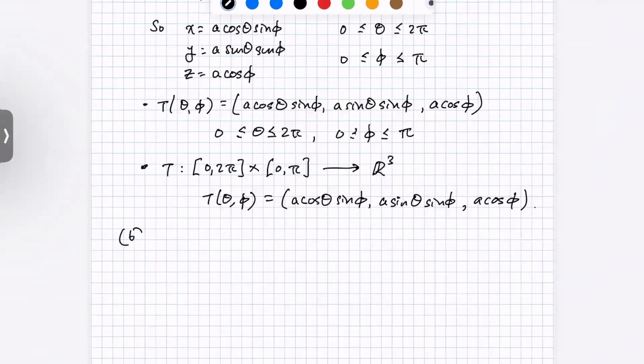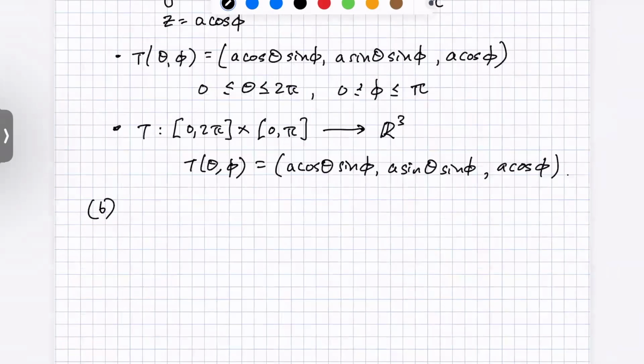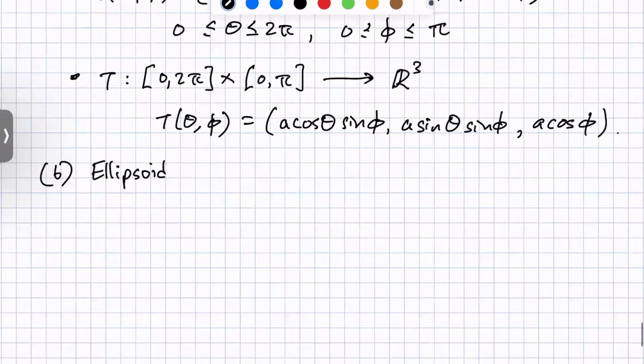Let's talk about now an ellipsoid. Ellipsoid is very, very similar to a sphere. Ellipsoid looks like x squared over a squared plus y squared over b squared plus z squared over c squared is equal to 1.